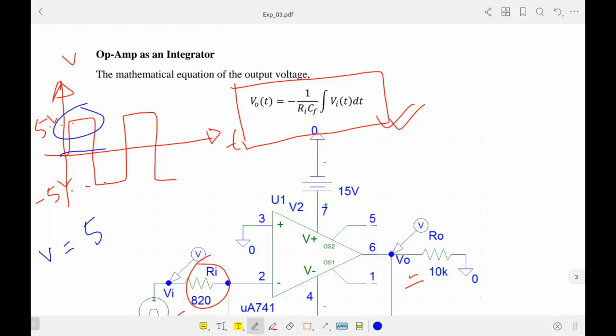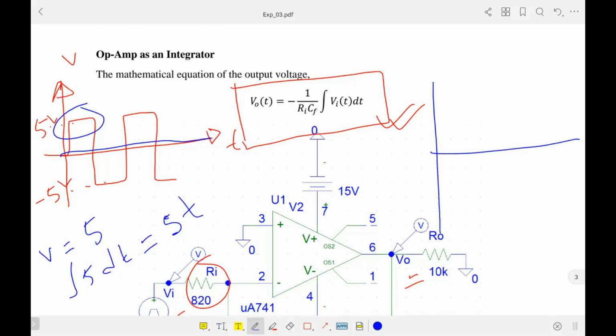So the expression will be V equal to 5, and if I integrate this voltage, the integration of 5 with respect to t, that is dt, the result will be 5t. If you now plot this 5t, then obviously it will be a straight line crossing 0, 0.